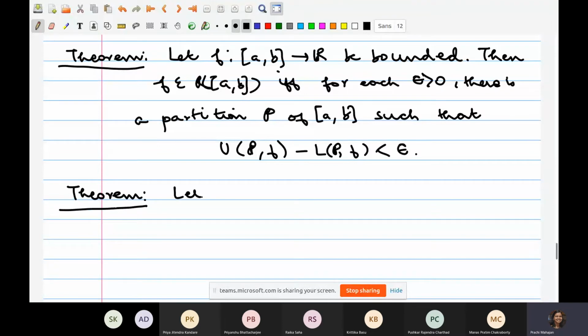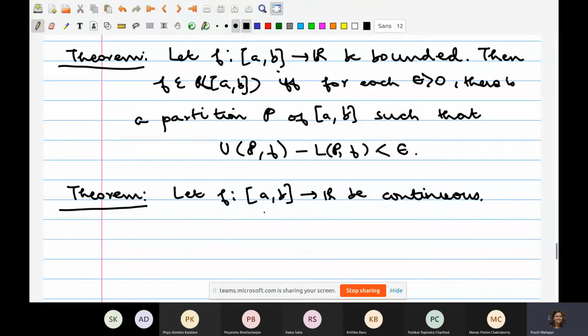So let's consider f to be a function defined on the interval AB, and let this function be continuous. So this is a closed and bounded interval AB, and f is continuous. A continuous function will take a compact set onto a compact set.